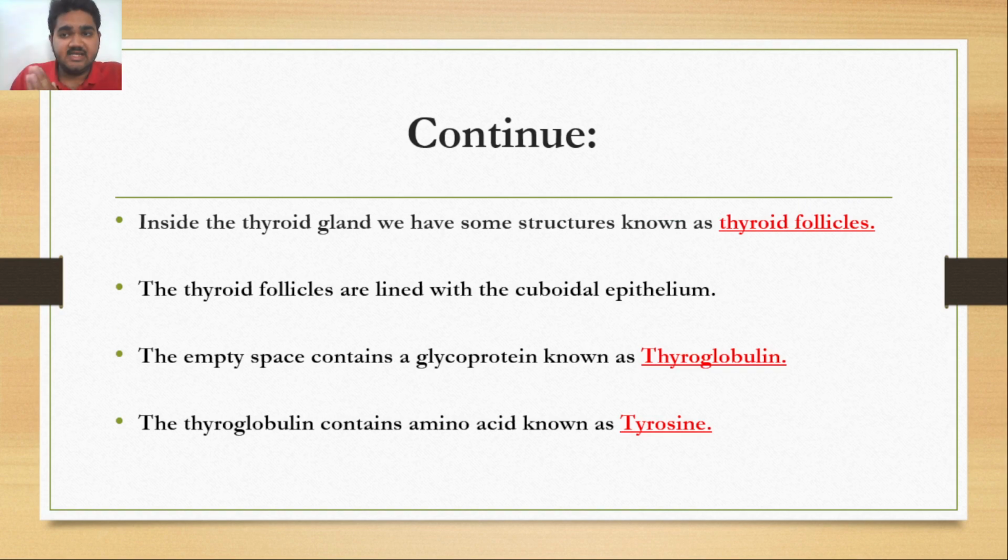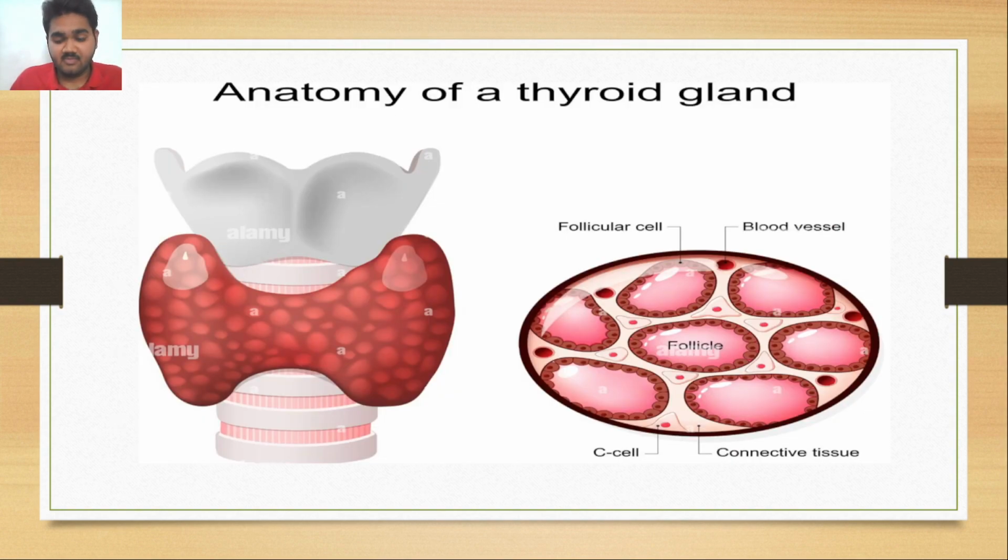So when I see कि thyroid gland के अंदर we have a very important structural and functional unit of our thyroid gland and that is known as thyroid follicles. Now let us see कि ये जो thyroid follicles होते हैं ये दिखते कैसे हैं. So as you can see on your screen, here is a beautiful image of our thyroid gland.